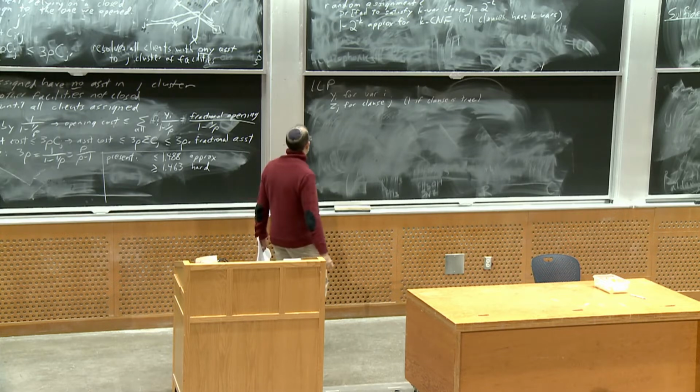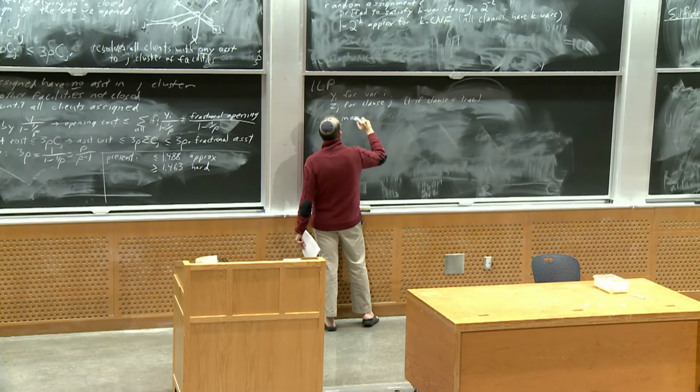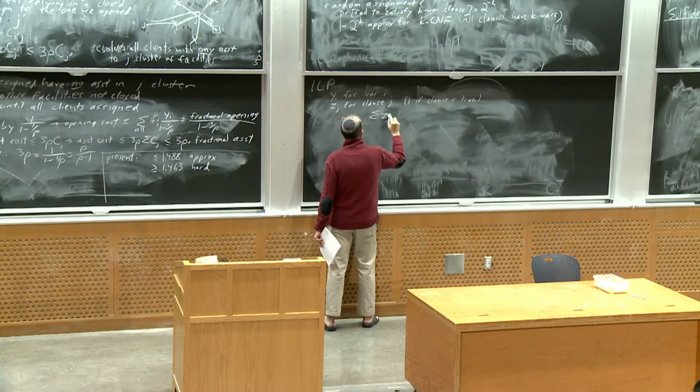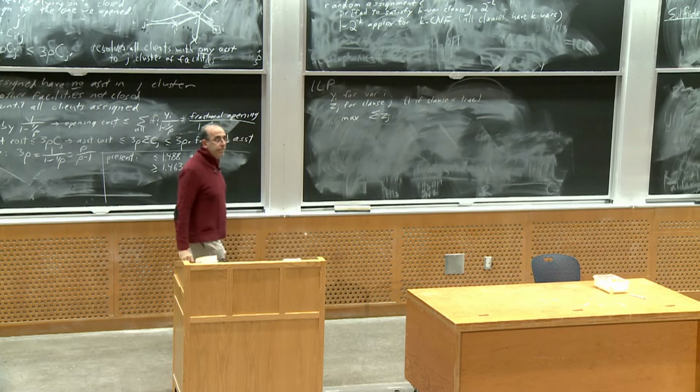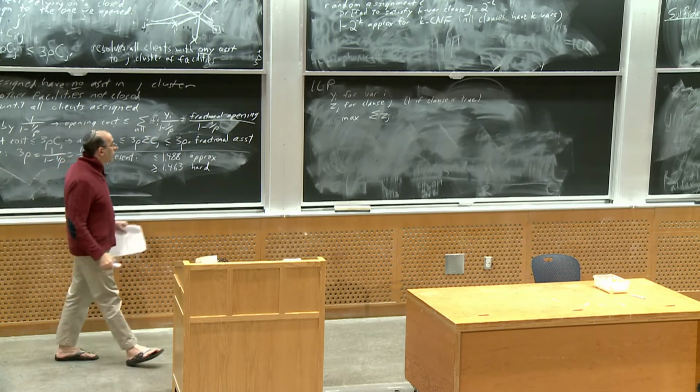Okay. So I'll do the easy part first. Right? We want to maximize the sum of the zj's. That's just the number of clauses that are satisfied.